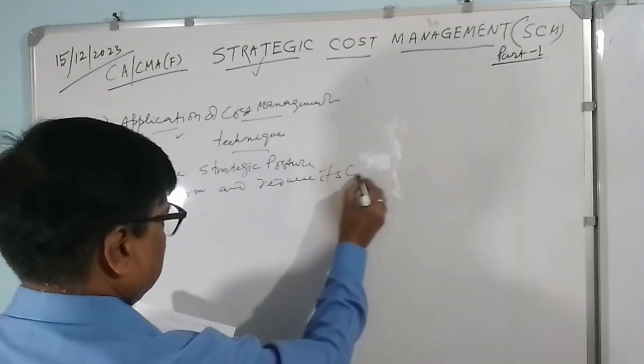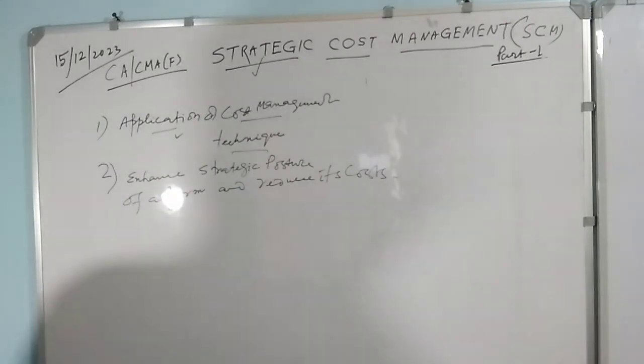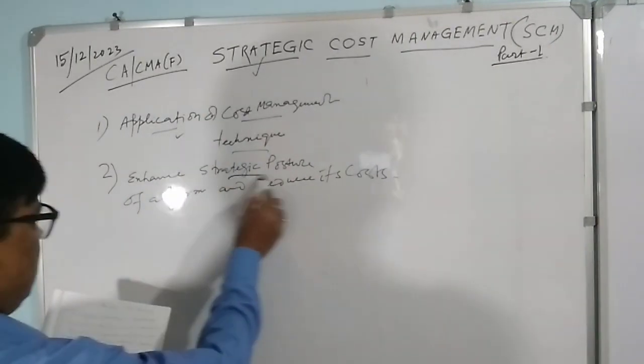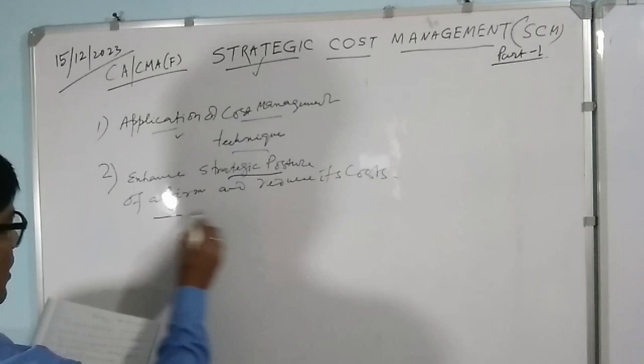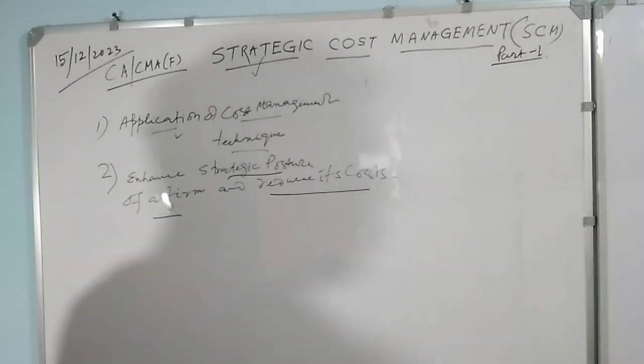Reduce its costs. What does it mean? Ultimately, you want to make a strategic posture so that you can reduce its cost. Ultimately, you have to reduce your cost.